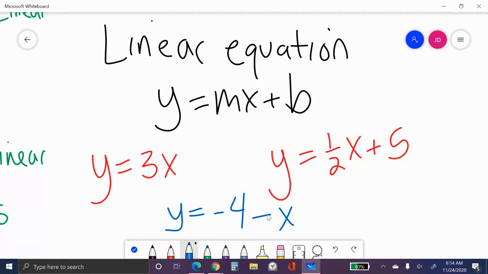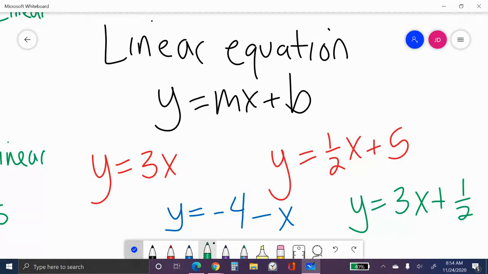It's still in slope-intercept form, we just switched around the numbers. You still have an x, you have a b, and you have an m, which is negative 1. These are all linear equations. Maybe one more example. You could have a fraction as a constant in the equation, for example, 3x plus 1/2, because 1/2 is 0.5. So that's another example of a linear equation.